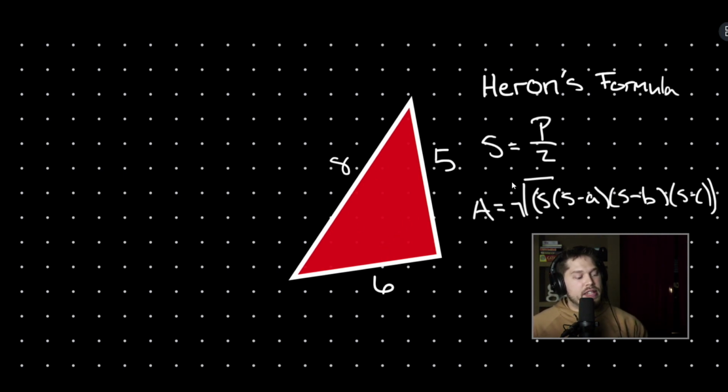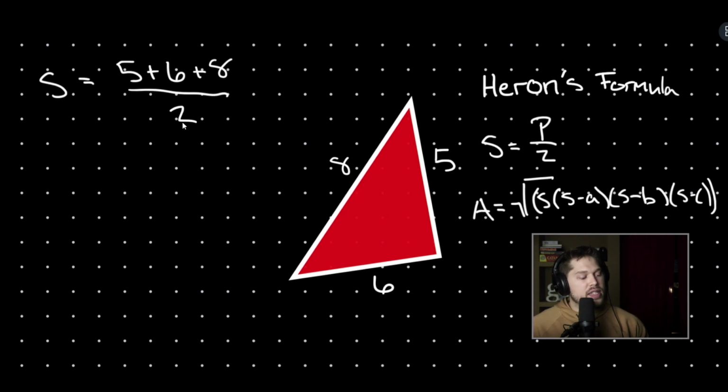So plugging in these values, first let us find S. So our perimeter is 5 plus 6 plus 8, all divided by 2. 5 plus 6 is 11. 11 plus 8 is 19. 19 over 2 is 19/2.